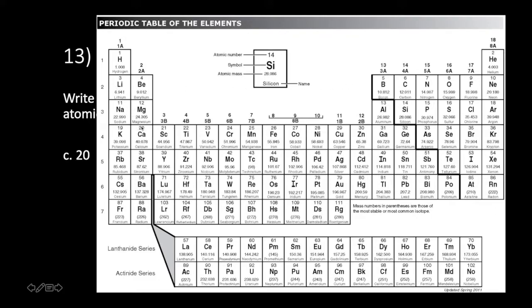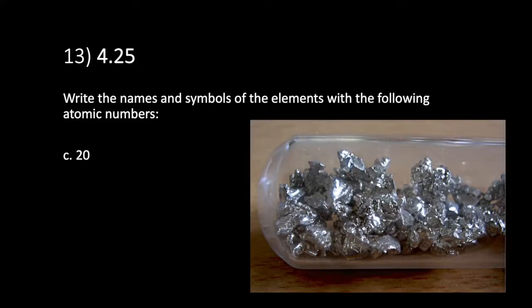But you can see that 20 is calcium. So the box that has 20 at the top, that is calcium, so you'd want to write the symbol, capital C, lowercase a, and then the second thing you'd want to write is the full name, calcium. So any atom that has 20 protons in the nucleus is calcium. And calcium looks like that.